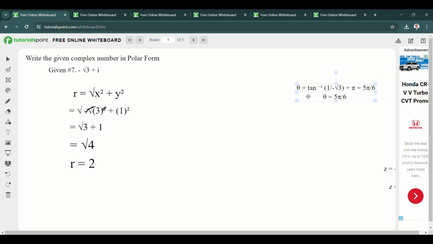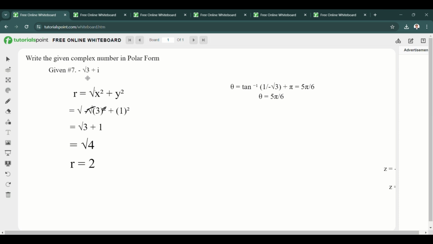And next, we need to find our theta, which is the arctangent of y over x, which is 1 over negative square root of 3, plus pi, because the negative square root of 3, this x, lies on the negative x-axis, plus this i, which is on the positive y-axis.